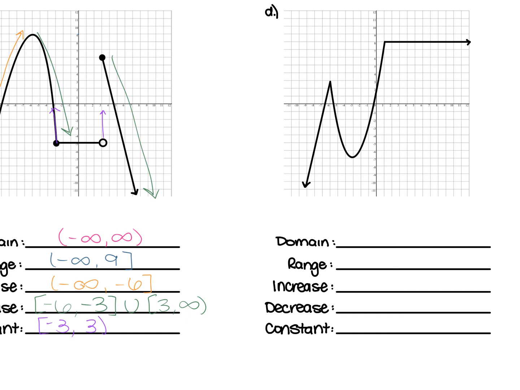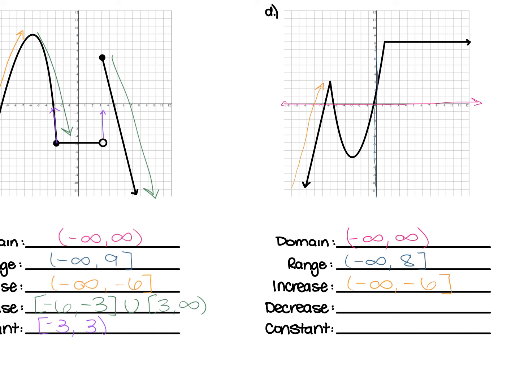For your last example, you see that there's no ordered pairs on this graph. So domain-wise, x values, you're going from -infinity to positive infinity. For your range, you are going from -infinity up to the highest value of 8. For your increase, you are increasing from -infinity up to -6.